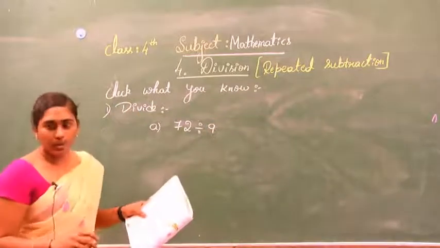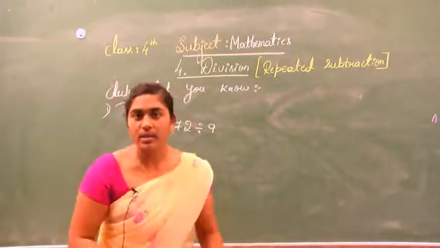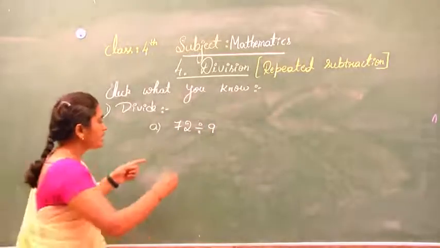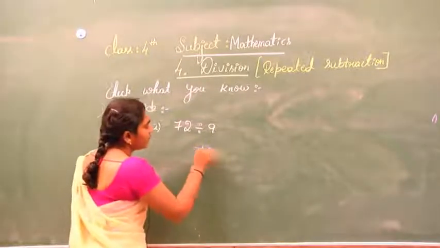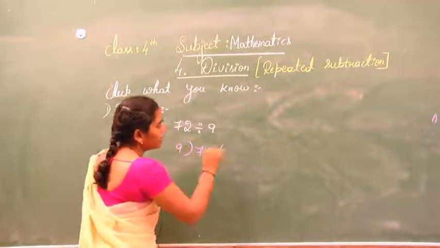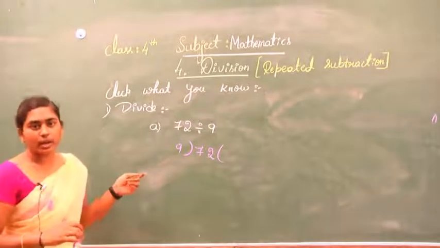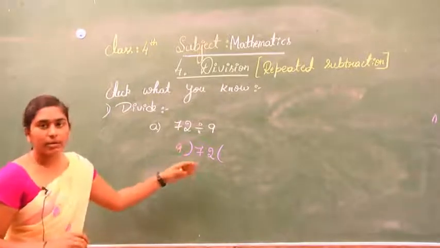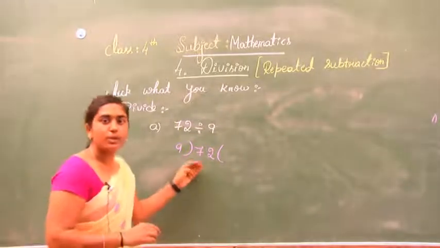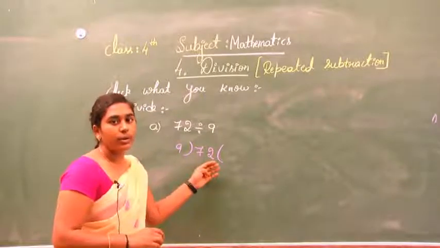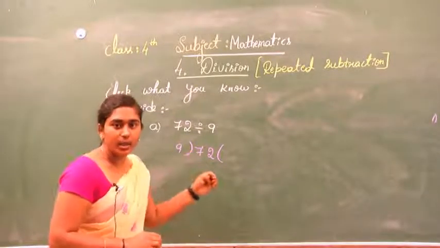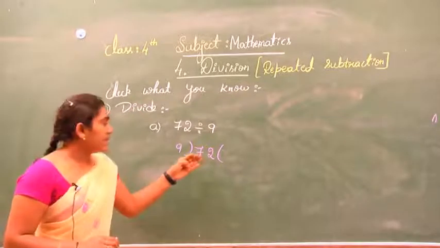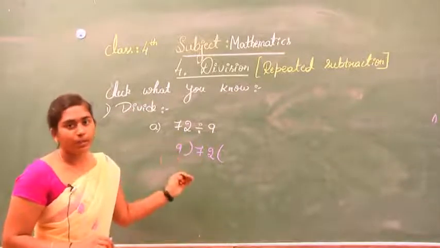We have to write the 9 ones table. 72 is there or not? You need to check it out. If it is there, you need to write the exact number. If it is not there, then you need to write the nearer number, and this should be less than the number 72.